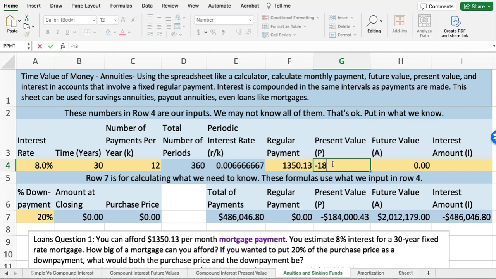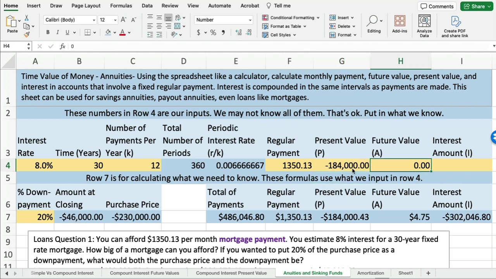Minus 184,000.43. We could just make it 184,000 even. Why don't we just do that? The amount of our mortgage is going to be 184,000 even, so I'm going to leave off that 43 cents. And the future value is 0.